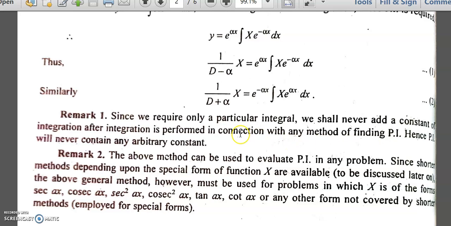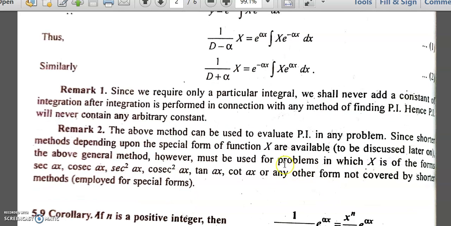So the above method is the general form of finding the particular integral for some special form of function x. We will use this method when we need to find it for x of the form sec ax, cosec ax, sec square ax, cosec square ax, tan ax, cot ax, or any other form not covered by a shortened method.